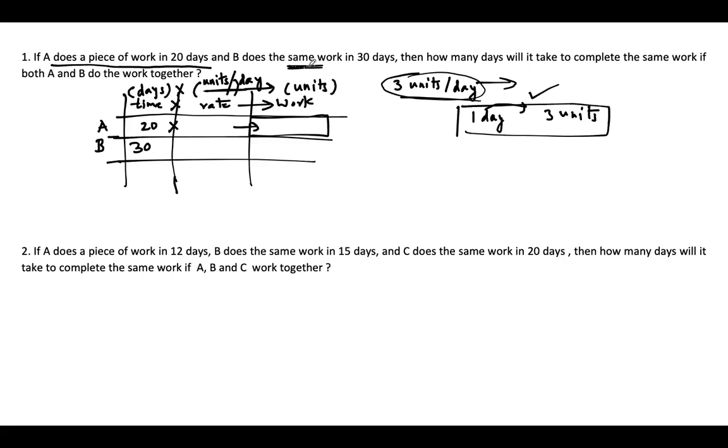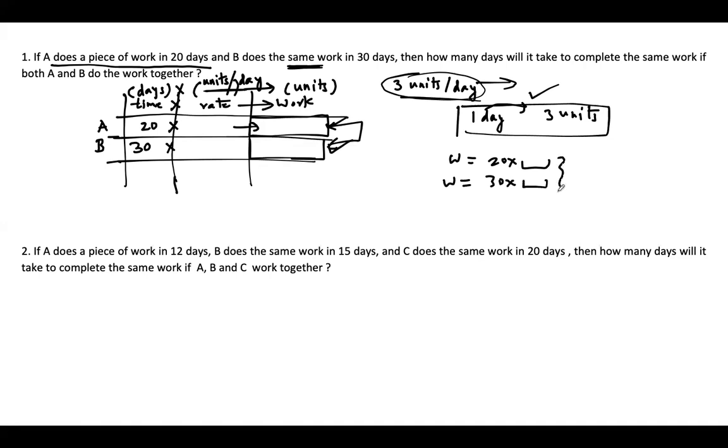And B does the same work, which means the value of this box and the value of this box is the same. So 20 into something is work, 30 into something is work.